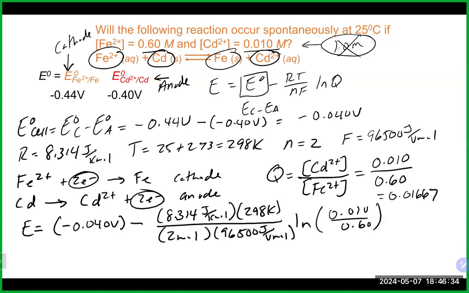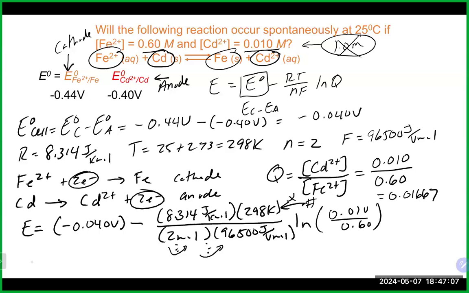I'm going to take 0.01 divided by 0.6, which gives us 0.0166. I'm going to take the natural log of it, times it by 8.314 and times it by 298. Then I'm going to divide it by 2, which is on the bottom, and divide it by 96,500. So I basically got the number here after I natural logged it, multiplied by what's there, came back and divided by what is on the bottom.